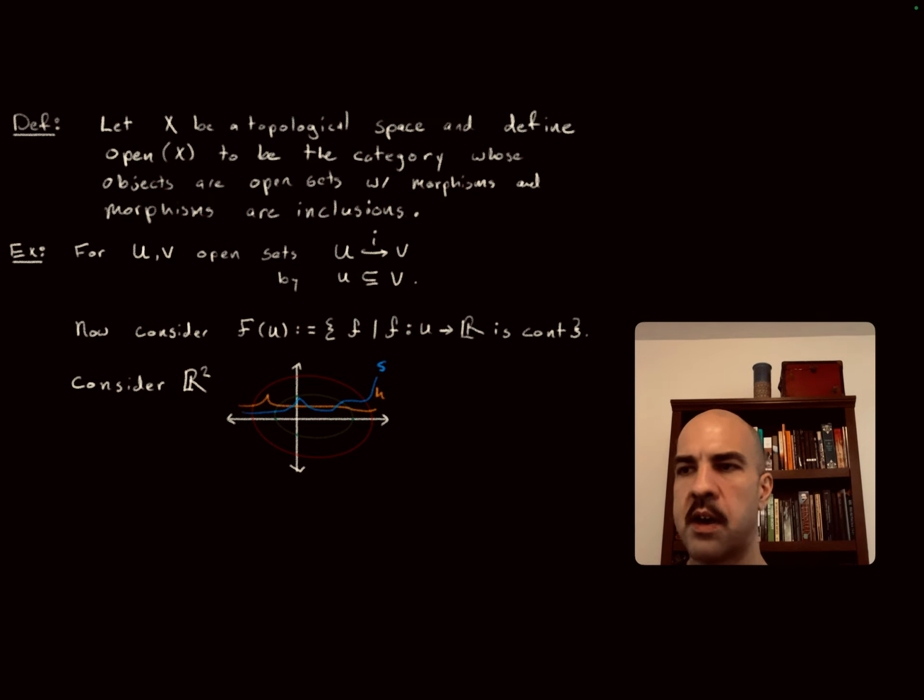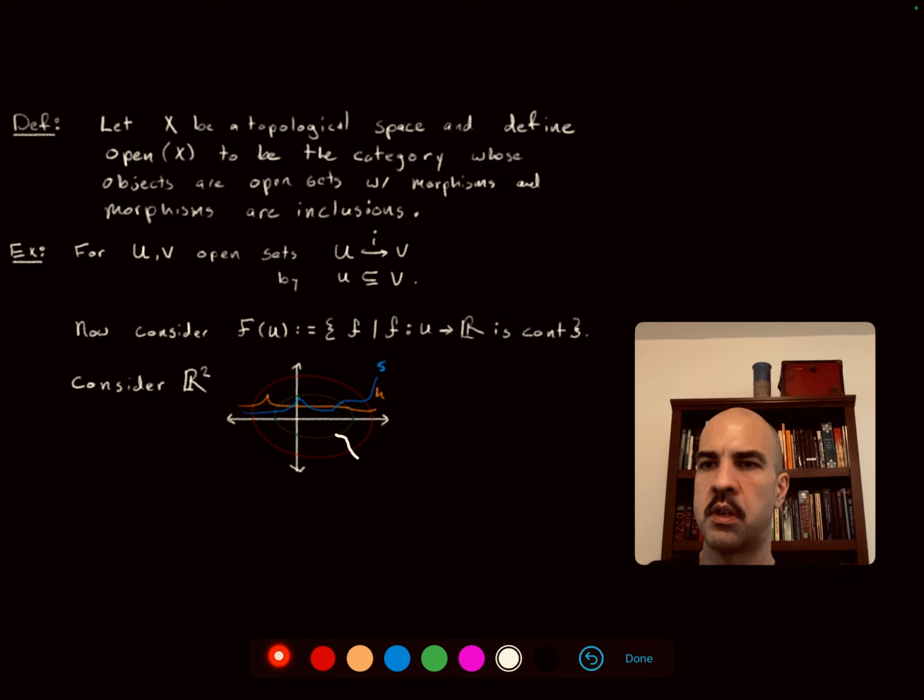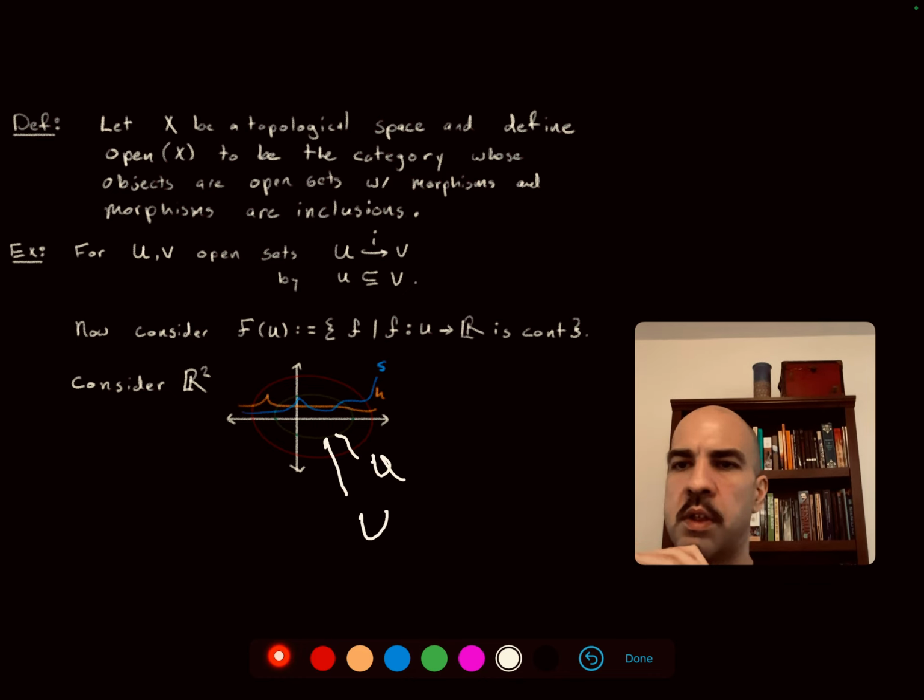If you see here, U is contained in this larger set V. Then for the continuous functions defined over V, we can introduce a discontinuity there. This is no longer a continuous function.